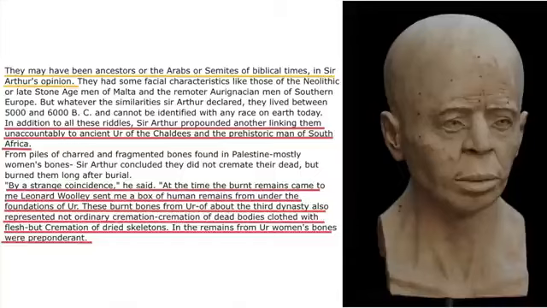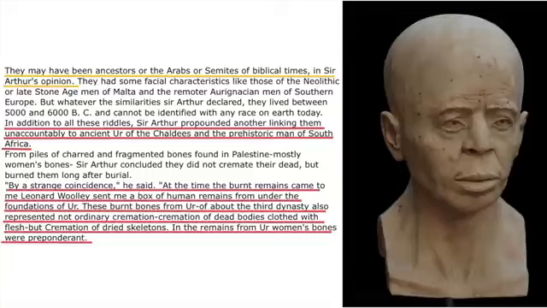They may have been ancestors of the Arabs or Semites of biblical times, in Sir Arthur Keith's opinion. That's very interesting because this is following along with the Israelites descending from Natufians.